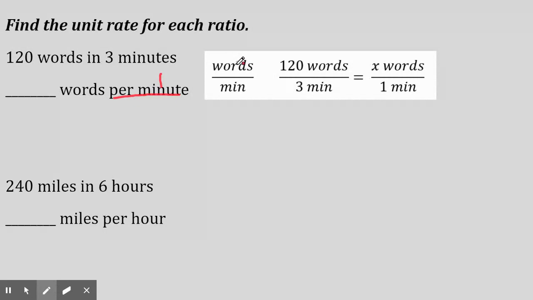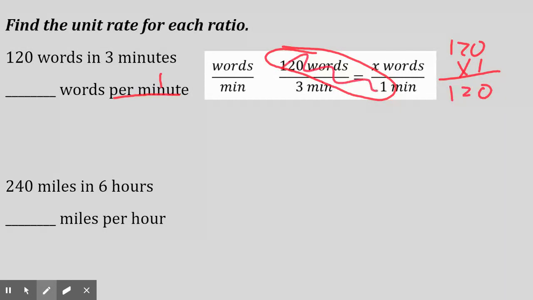Now I can go through with step 4 and solve using that butterfly method. So remember, you're going to want to cross multiply the two numbers you see in the diagonal. So I see 120 and 1. Well, multiply 120 times 1. Hopefully we know anything times 1 is itself. So I'm done with that.